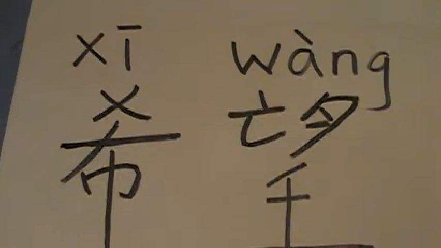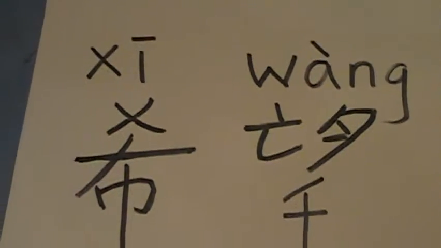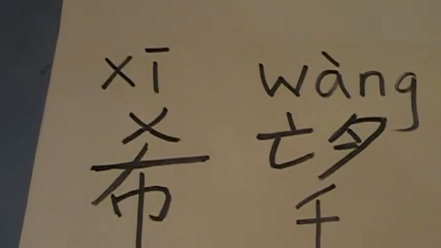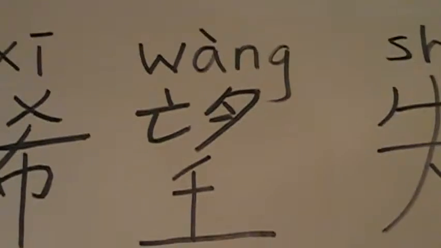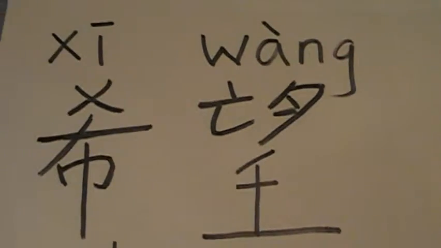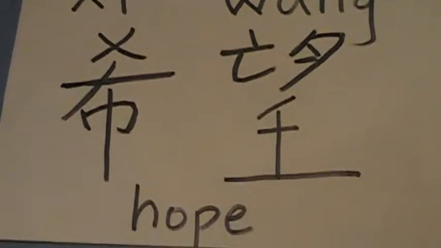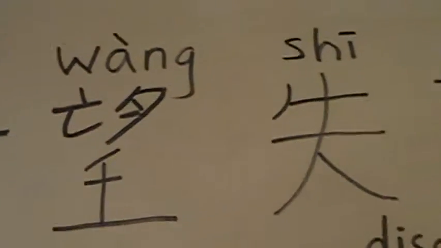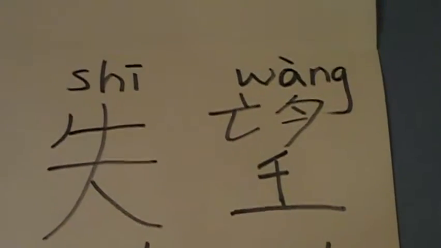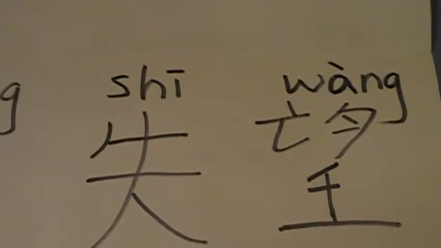In Chinese, some verbs, as in nouns, may be comprised of more than one character, as in this one, 希望: 希 of the first tone and 望 of the fourth tone. Together, they denote one single definition, hope. And its seemingly opposite, 失望.